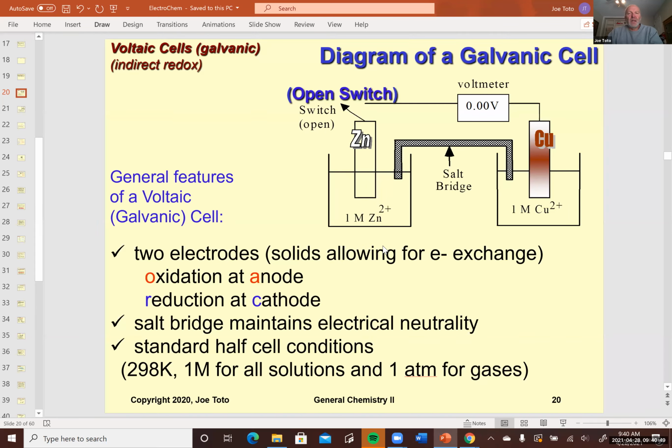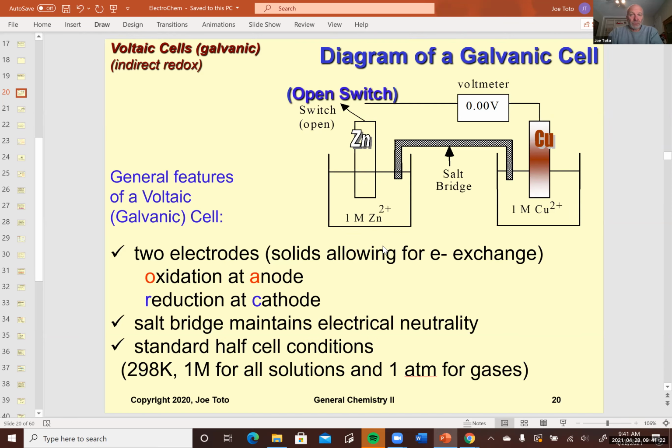And so first of all, we introduced the two general categories of redox reactions, and one was direct redox reaction, where the two reactants, the thing that is being oxidized and the thing that's being reduced, are in physical contact. And examples of that are rust, and patina on copper and stuff like that, and statues.